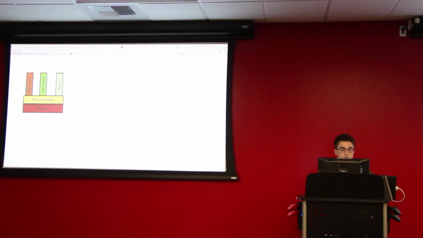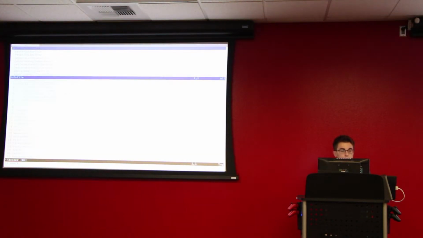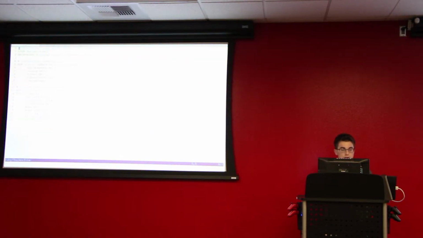So let's take a look at what those Docker files look like. When I develop Docker files, I have a Vagrant file that allows me to run Docker on a little virtual machine. But let's see what the Rails ones are. So Ruby Docker file, I think I showed this last time.